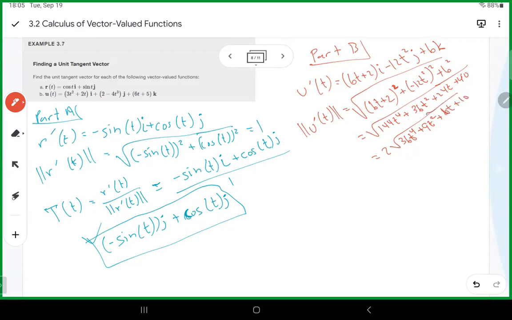Okay. All right. Third step, we're going to do that T of t again, as a u, not a v.